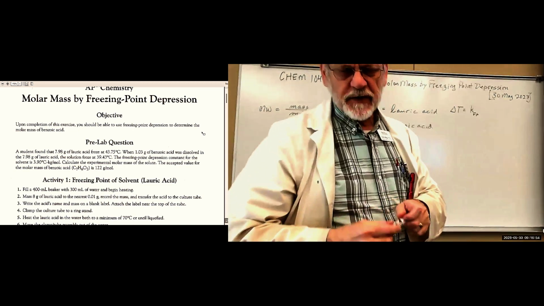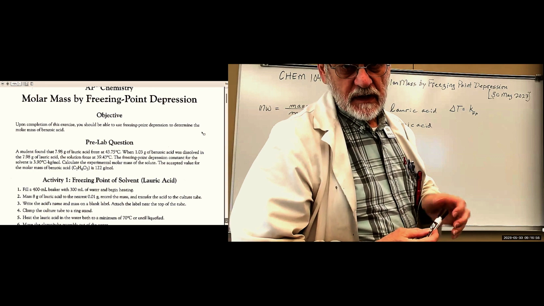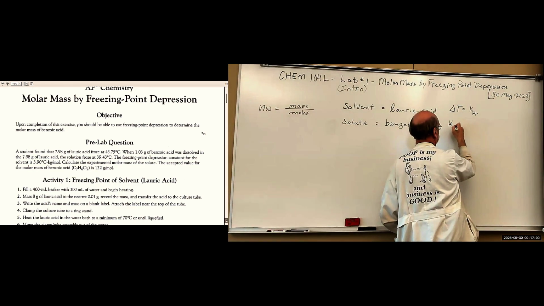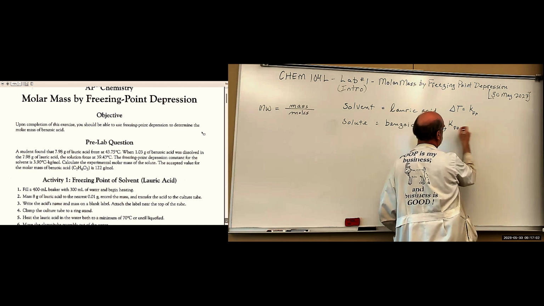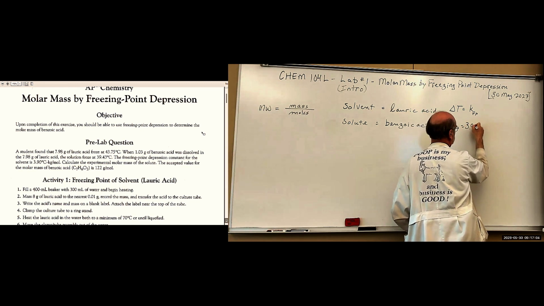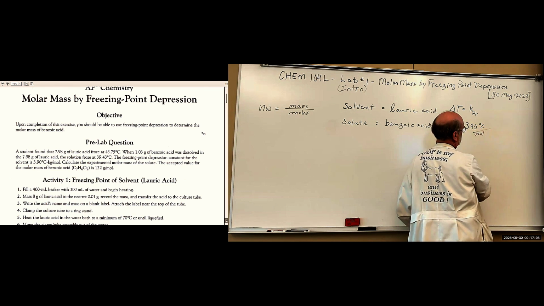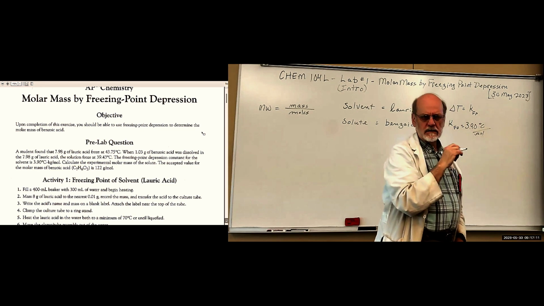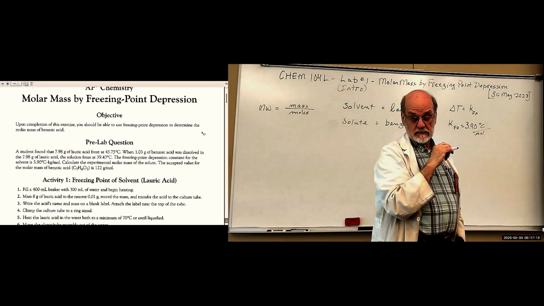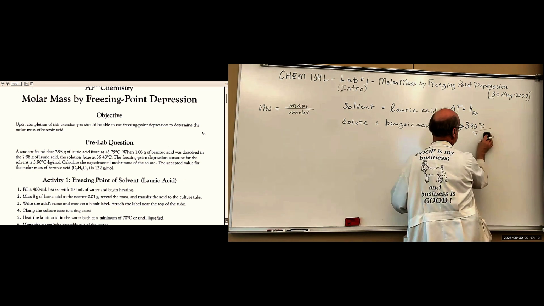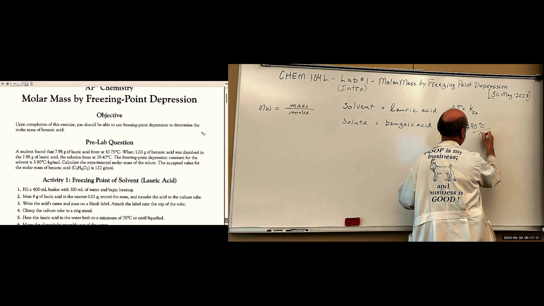You can see right there in the pre-lab question, it's 3.90 for lauric acid. Degree C per molal, actually, is the way we write it. Per molal.